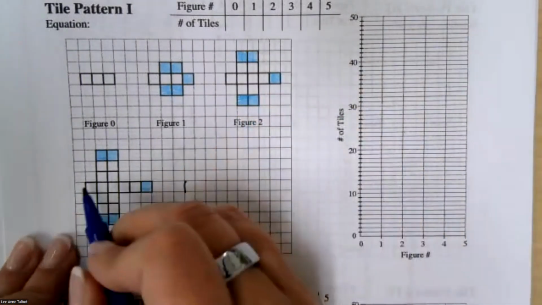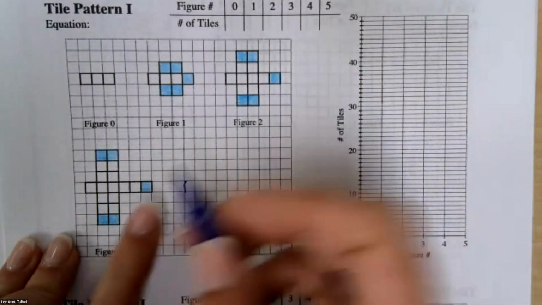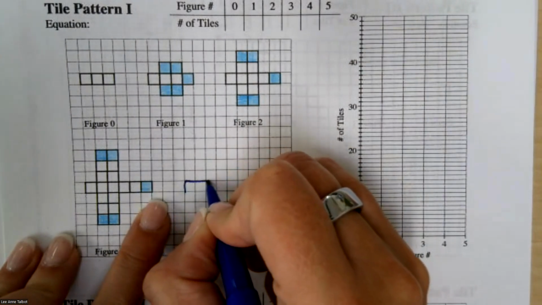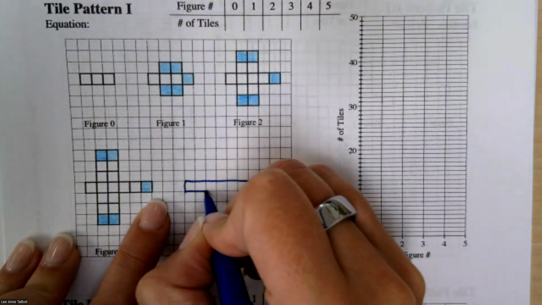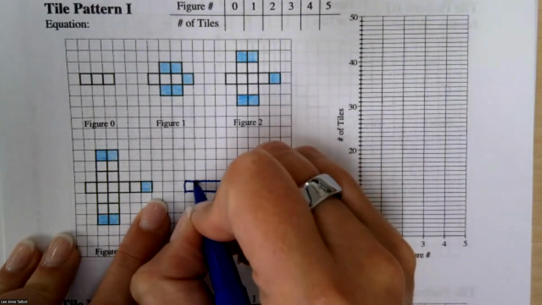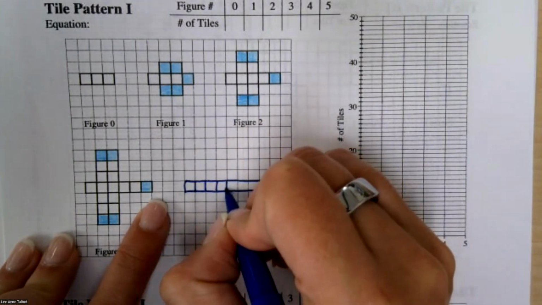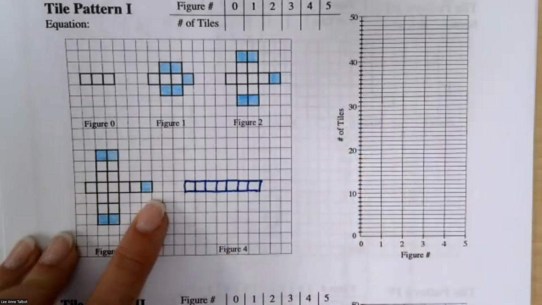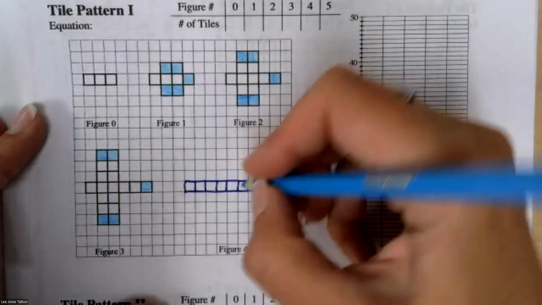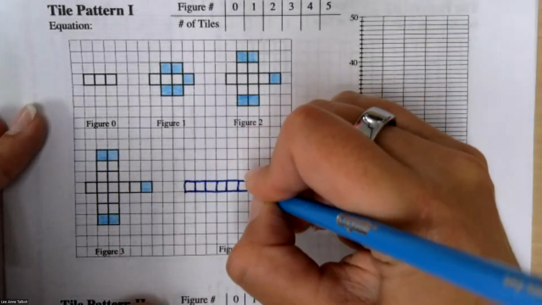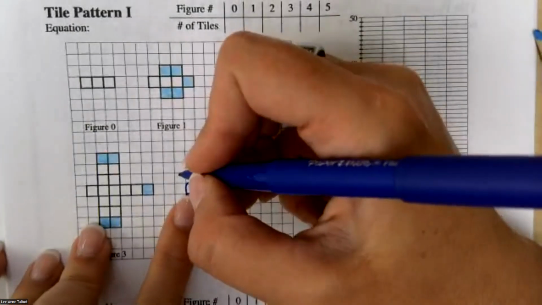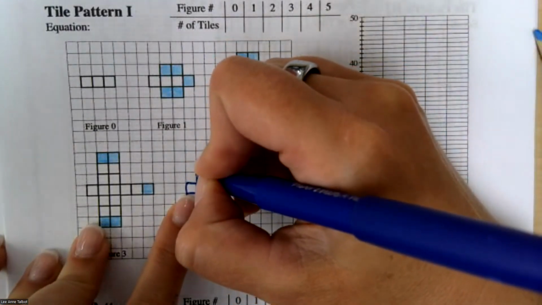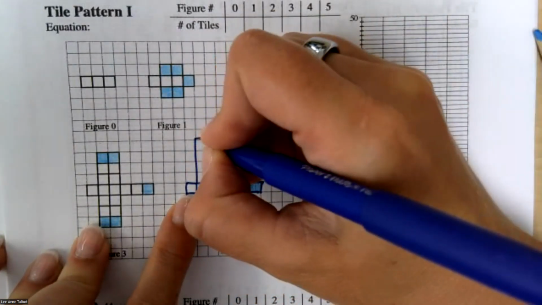So 1, 2, 3, 4, 5, 6, it's going to be 7 across. And then this is going to go up 4 this way this time.